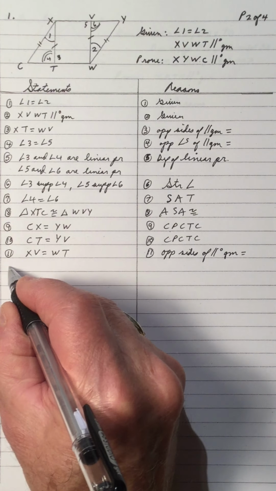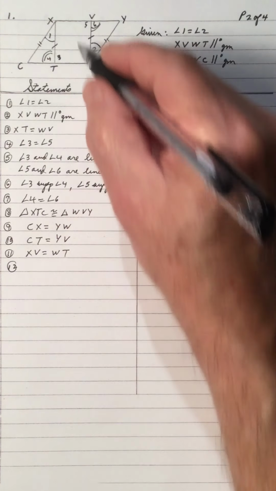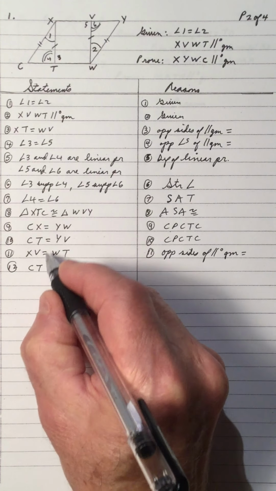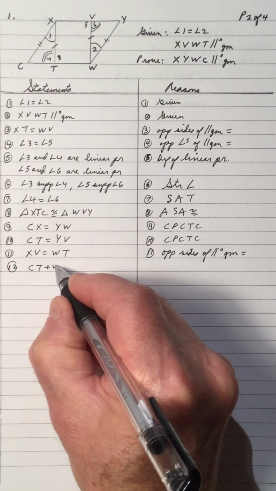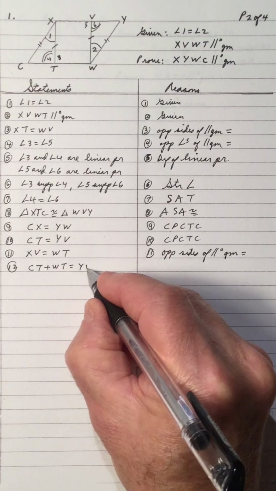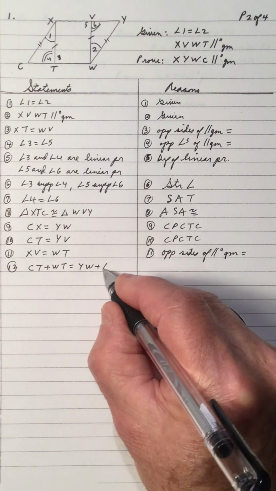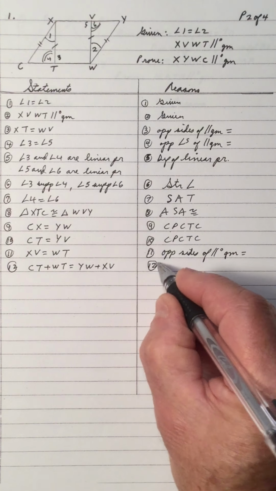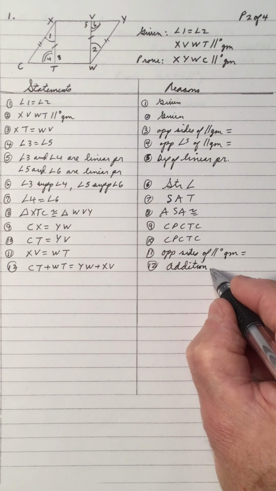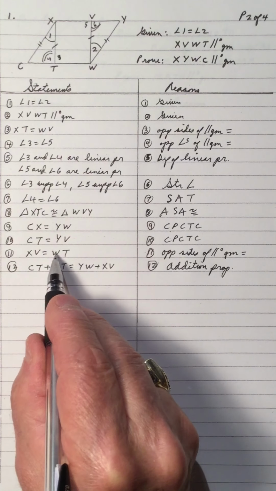So that means I can take CT and add on WT, and I can take YV and add on XV. That's the addition property of equality. Remember, I'm taking CT and adding on WT.